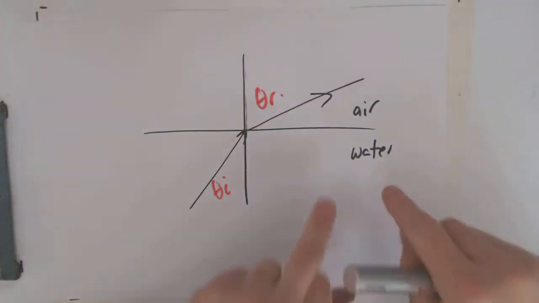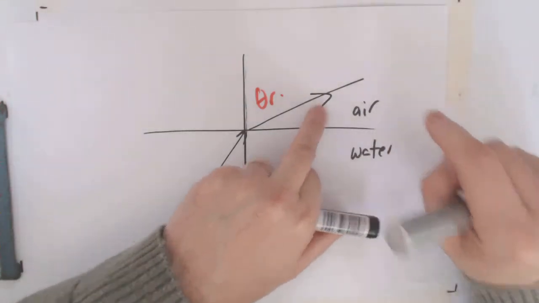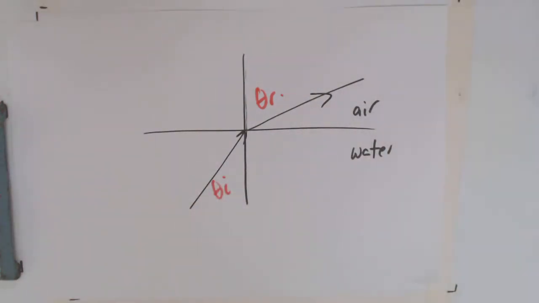So going from dense to less dense, it bends away from the normal. And this is going to produce a very interesting effect called total internal reflection. But I'll do a different video on that one.